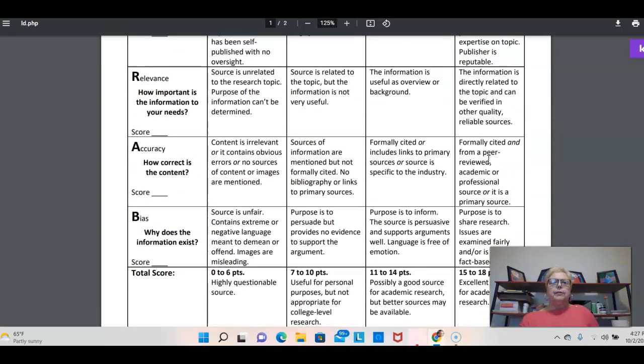R is for relevance. You want to find sources that, of course, address the issue that we're writing about. Not something else that might have the word in it, but something that really tells how severe the problem is, what we can do to help the problem, and what is being done in the world to help the problem.